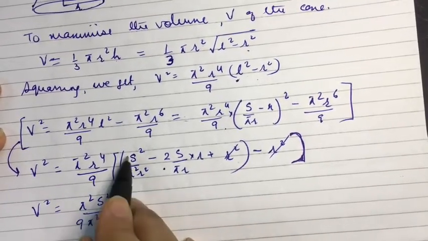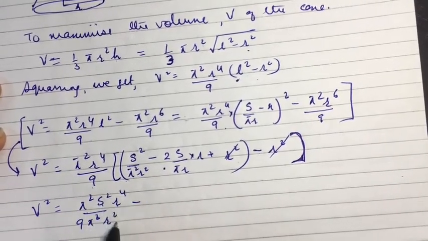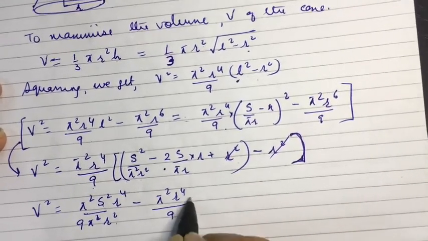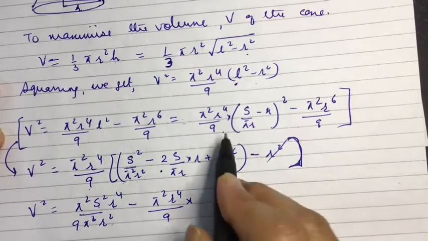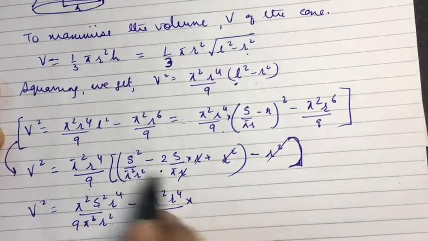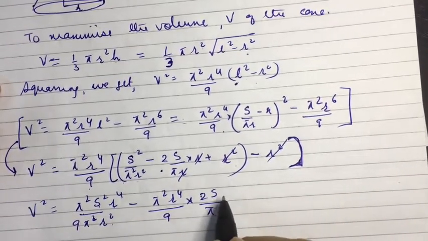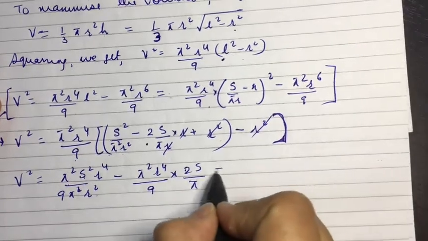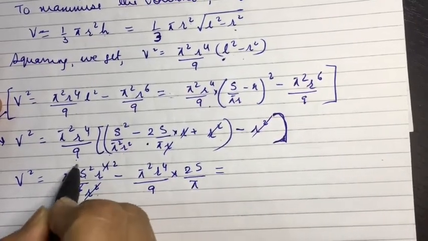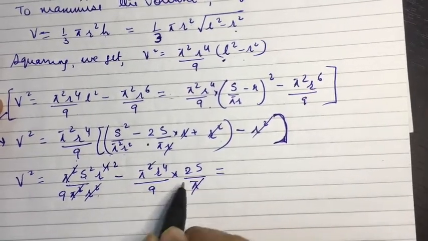So pi square I have taken down, s square r^4 upon 9 pi square r square minus pi square r^4 over 9 into... now here this gets cancelled. Now what we get is 2s over pi. Now this gets simplified, 2 gets cancelled, we are left with 2, pi square gets cancelled, and here 1 pi gets cancelled, and that's it.